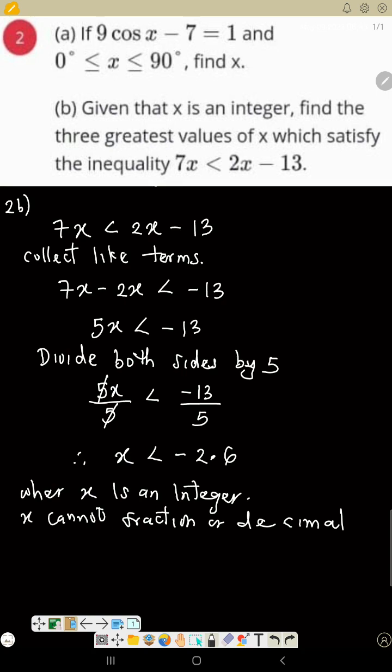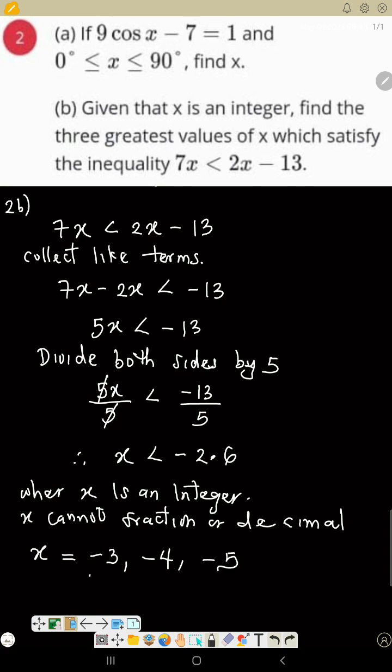So like that. So that means to find the greatest values of s which will satisfy this inequality, where s is an integer, s will now become, since s is less than this, we'll start from -3, -4, -5, because -3 is bigger than -4, -4 is bigger than -5, like that.